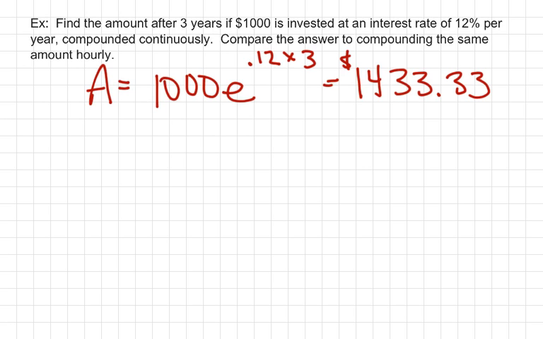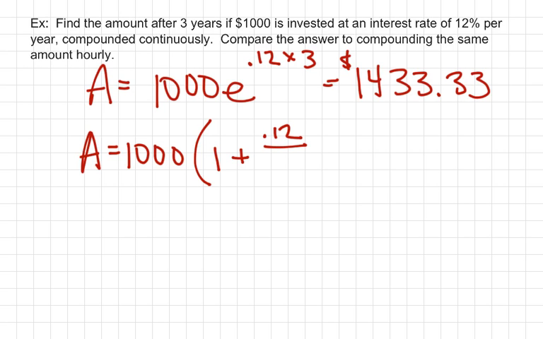Now I want to compare this answer to compounding the same amount hourly. So I'm going to go back and use the other formula. The principal is 1,000, 1 plus the rate divided by, if you compound hourly, there are 365 days in the year, 24 hours a day.